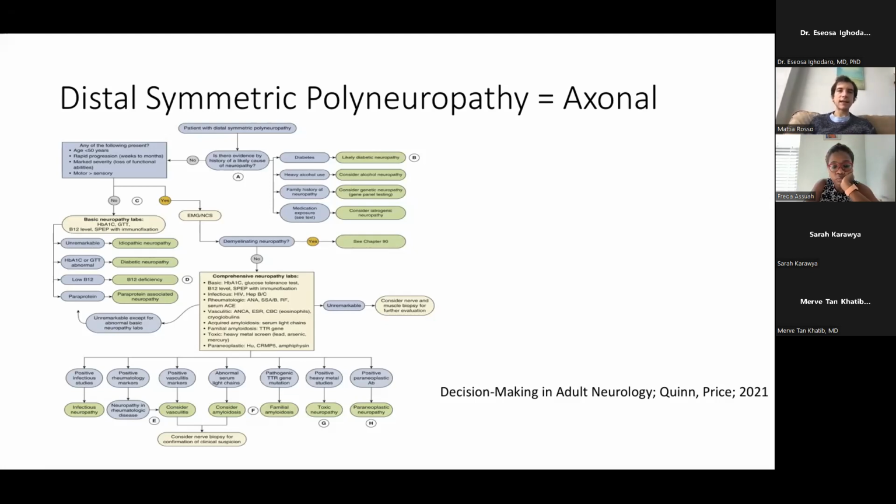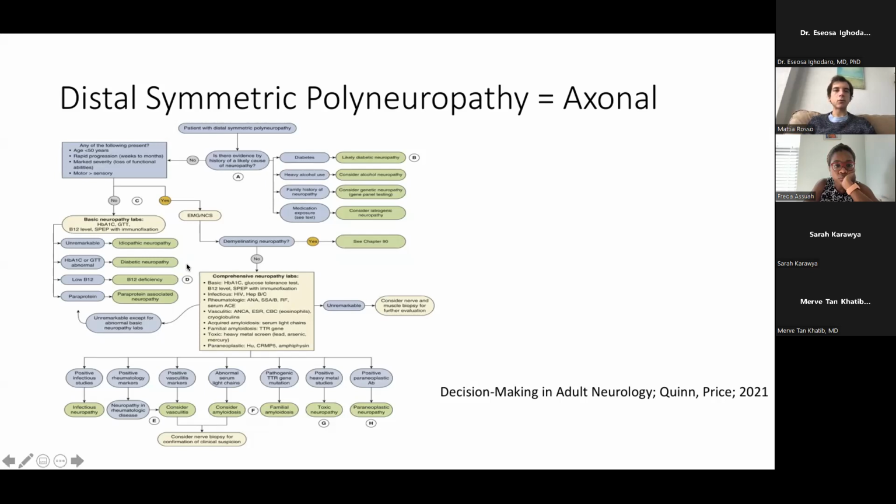So that's a very important modifier, and you'll see that our workup becomes way more expanded and expensive if we have any red flags, any reason to believe that something else is going on.